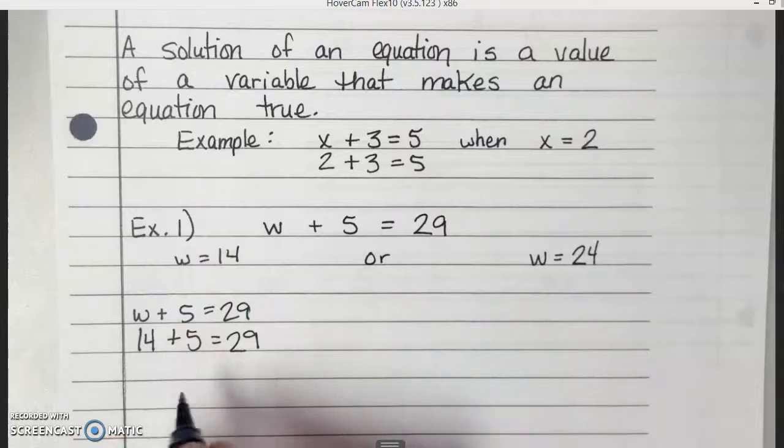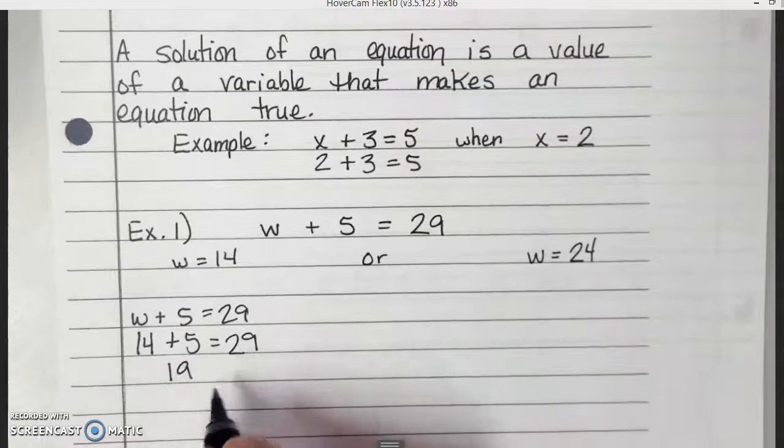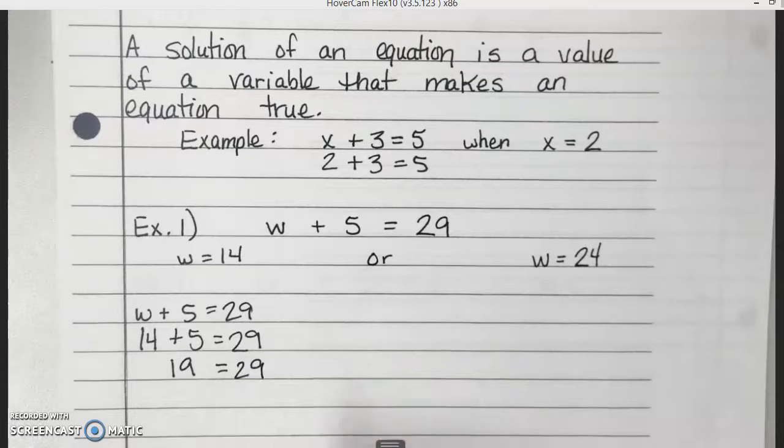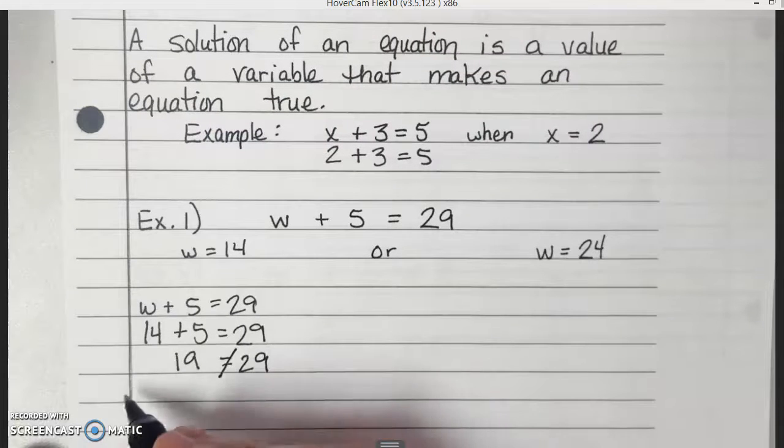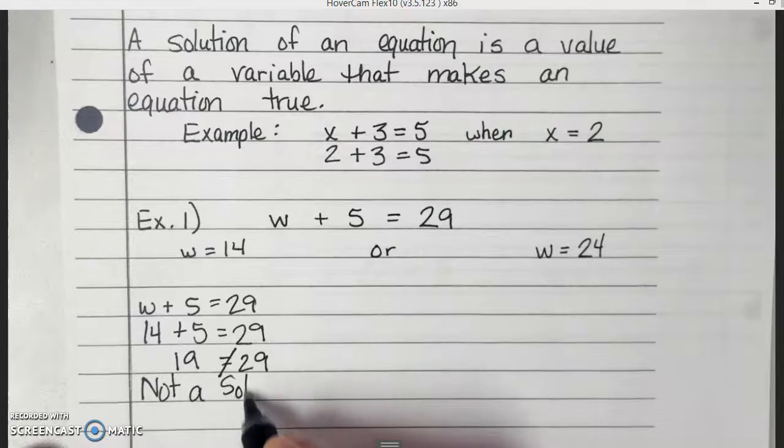What's 14 plus 5? 19. Is 19 equal to 29? No. So that would mean this is not a solution. So 14 is not a solution.